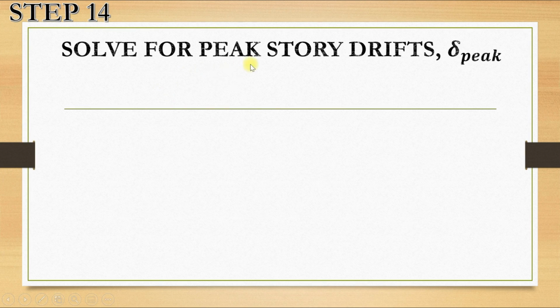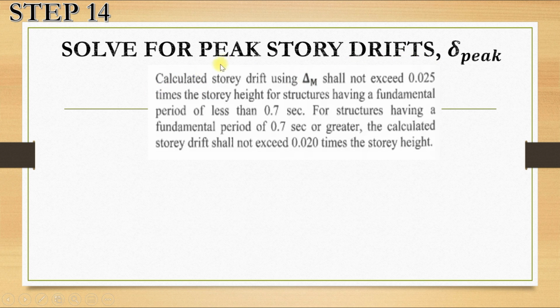Next, isosolve na naman natin yung peak story drifts. So according sa code, calculated story drift using delta M shall not exceed 0.025 times the story height for structures having a fundamental period of less than 0.7 second.